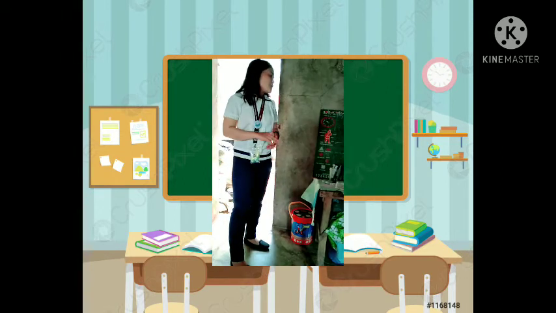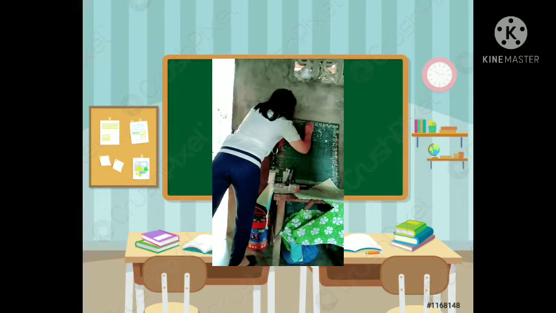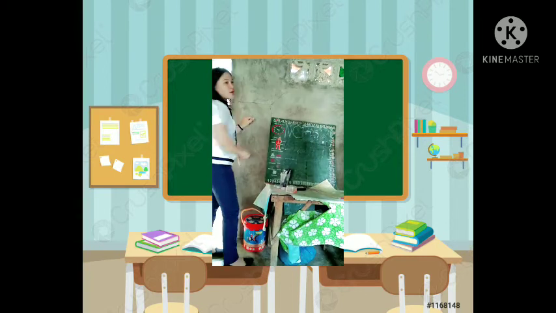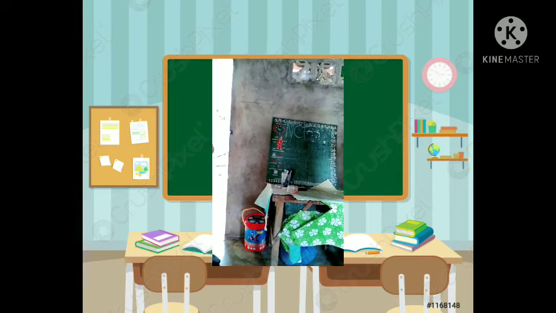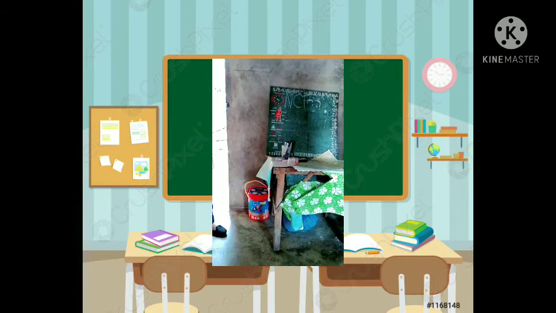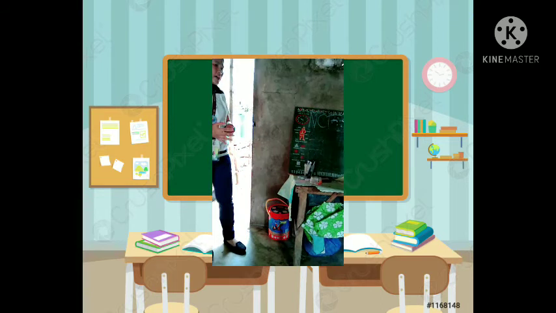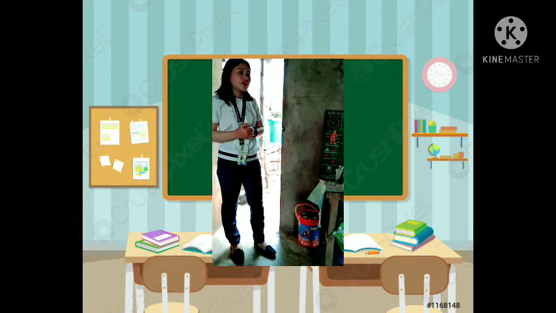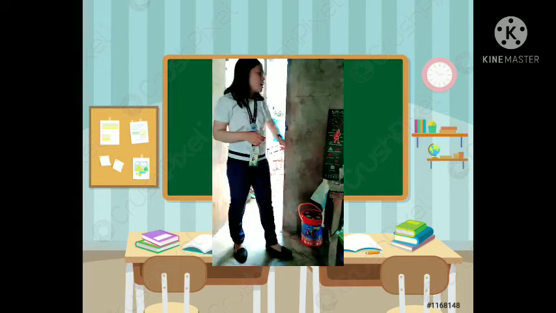After the stages, let's proceed to the NCF, which means National Curriculum Framework. The focus is that learning should be enjoyable, and children should feel that they are valued and their voices are heard.